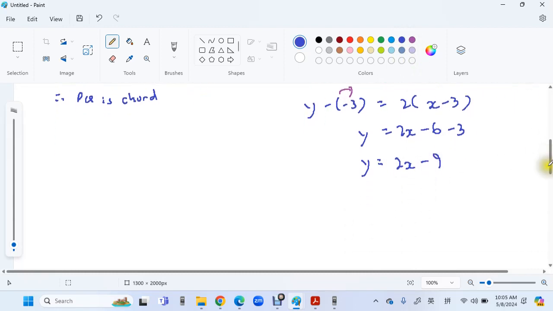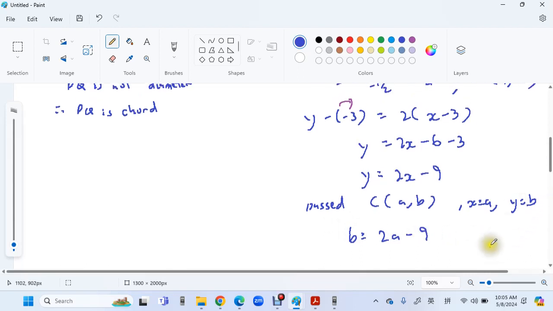Okay, so we know that this one will pass through the center (a, b). So we have x equal to a, y equal to b. Then we have b equal to 2a minus 9. So this is the first equation.